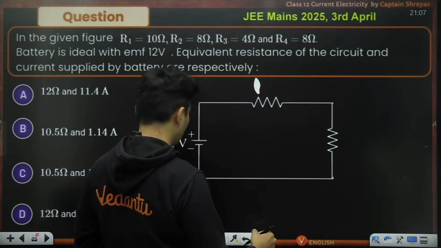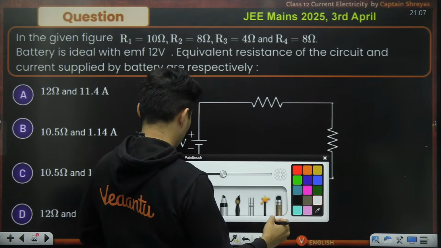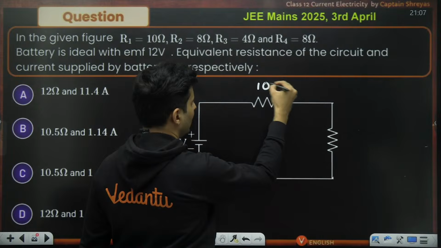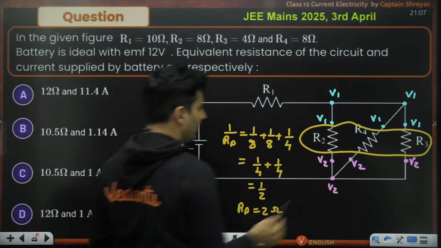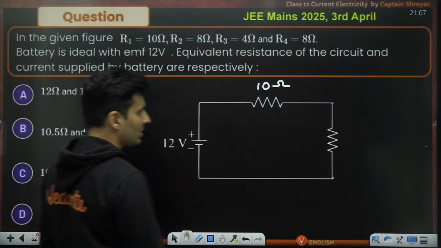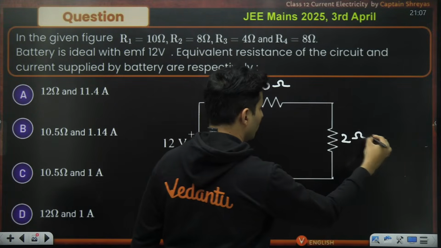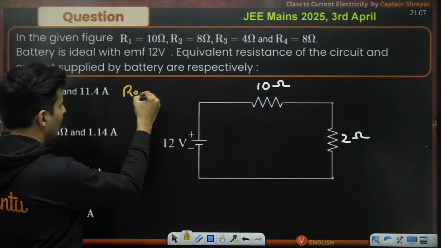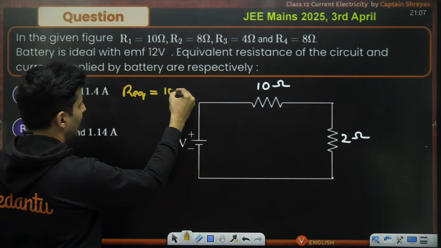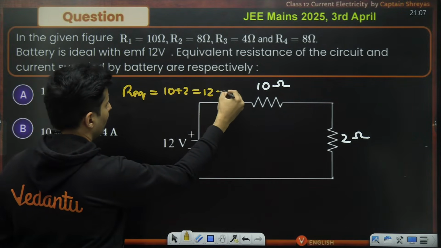And this one, we just figured it out. All three together is nothing but 2 ohms. Now they both are in series. So clearly the equivalent resistance will be 10 plus 2, which is 12 ohms.